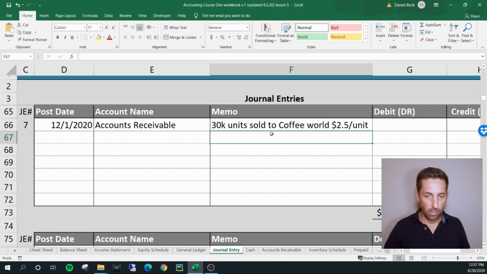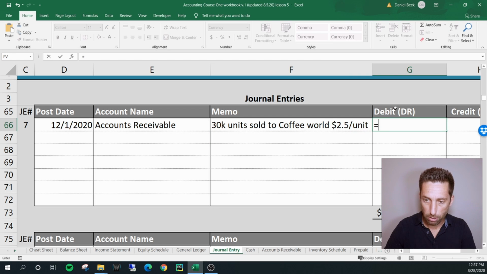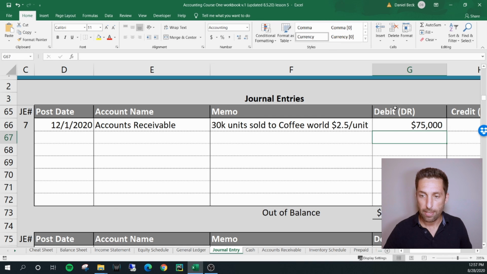When an asset increases, we should know by now that that is going to be a debit. So I'll put a formula in here: 30,000 units times $2.50 per unit. That's going to be a sale of $75,000.